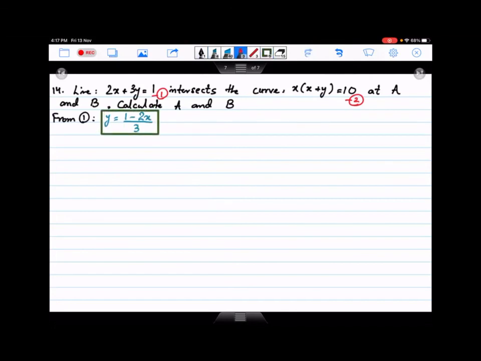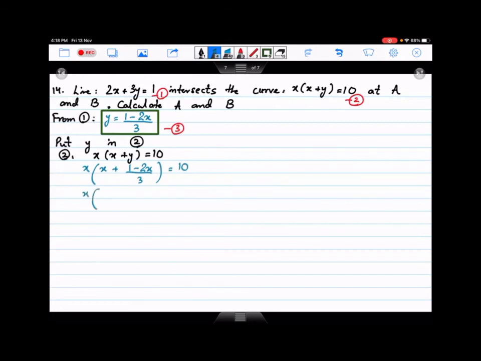So we have the value of y, that becomes equation 3. So now we should be putting the value of y in equation 2, while equation 2 is x into x plus y is equals to 10. So instead of y, I will write (1 minus 2x) upon 3, and x into x plus that is equals to 10.